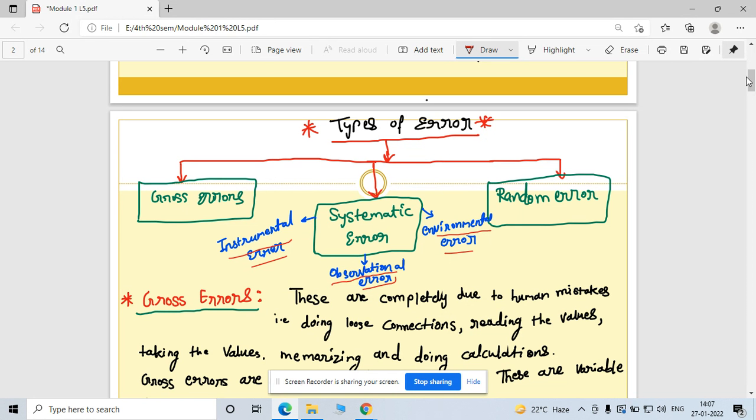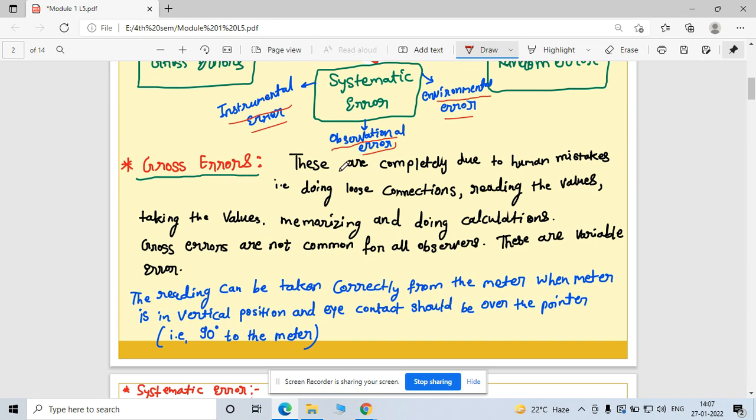Now, when I talk about gross error, these are completely due to human mistakes. Whenever you go into a laboratory or an industry and a person is taking the reading, whatever mistake is made by him is responsible for this gross error, or you can say any human negligence error occurring in your reading comes under gross error.